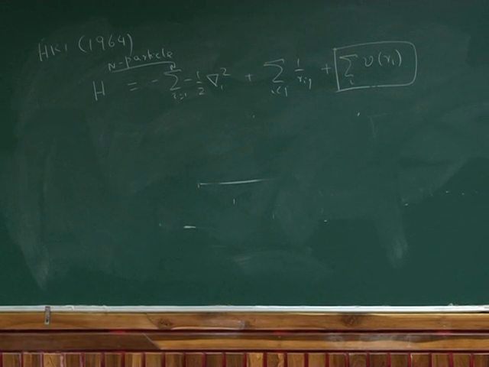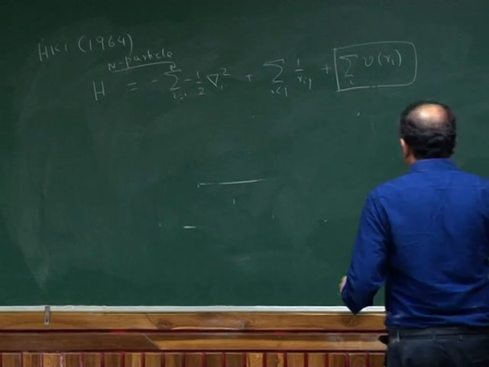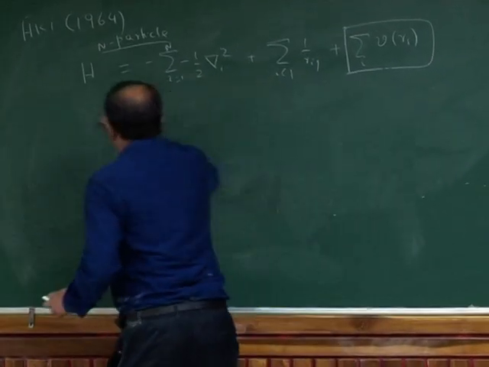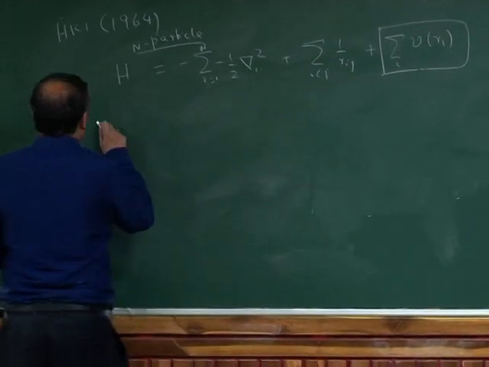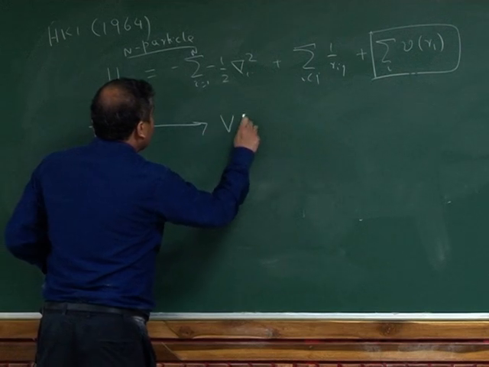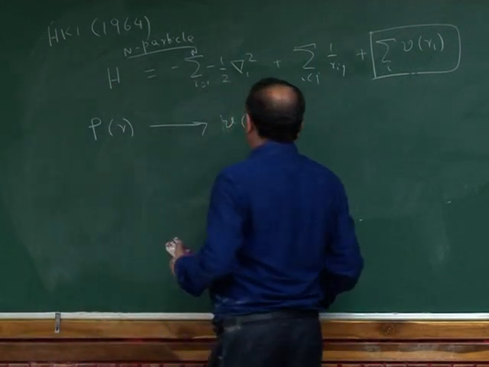So this is where it came from, because for the ground state, of course, if I know the rho of R, it uniquely tells me the potential, V of R, the one particle potential.